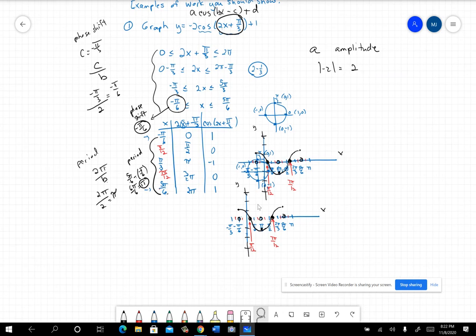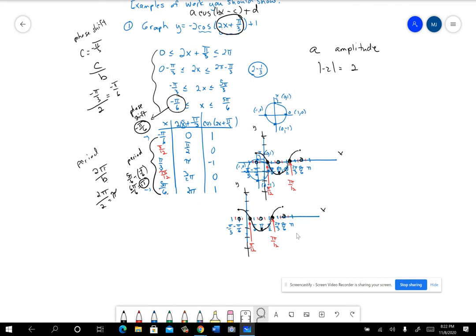I thought it would be an easy cut it and pull it over, but I can't grab it for some reason. I'm not going to try to move it.